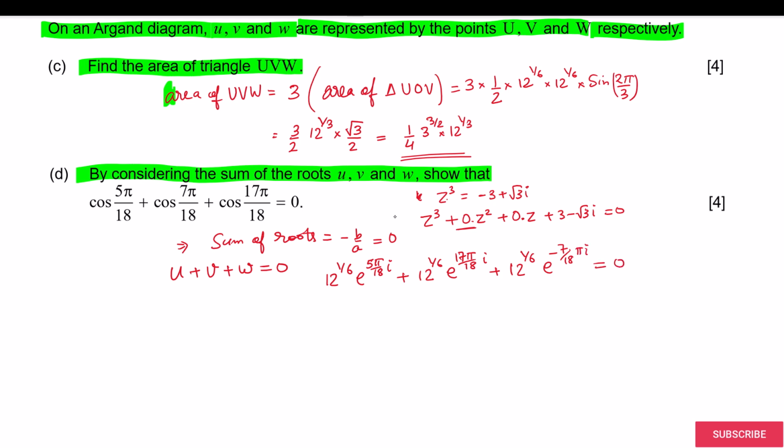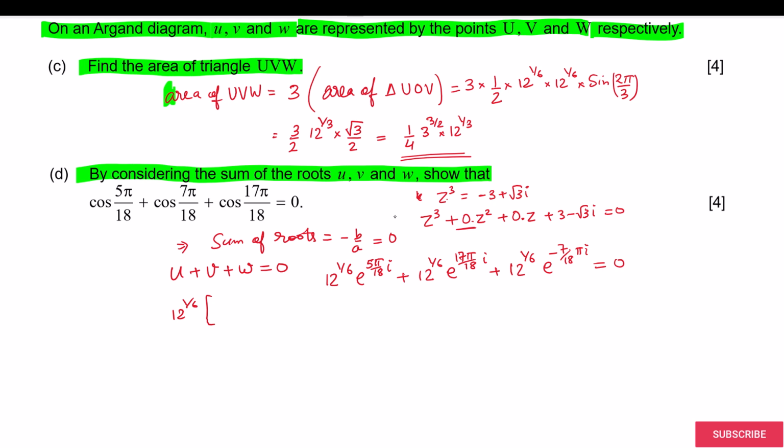This equals 0. We can factor out 12 to the power 1 over 6 as common, and then we know Euler's formula: e to the power iota theta is cos theta plus iota sin theta.